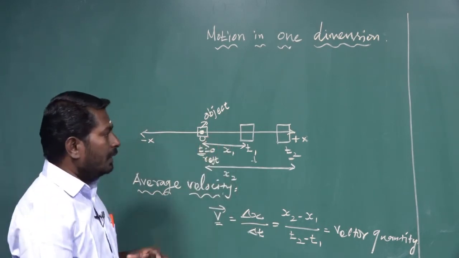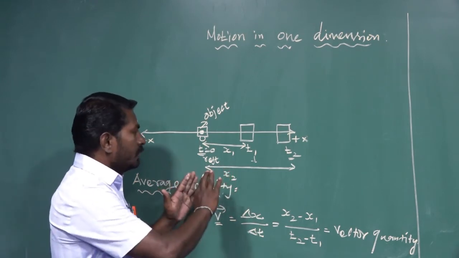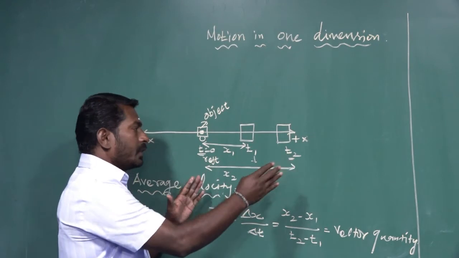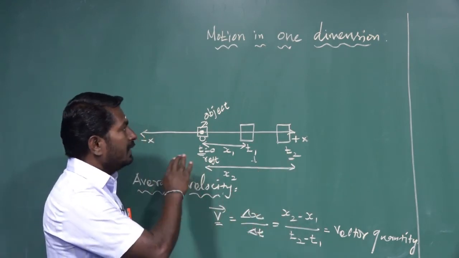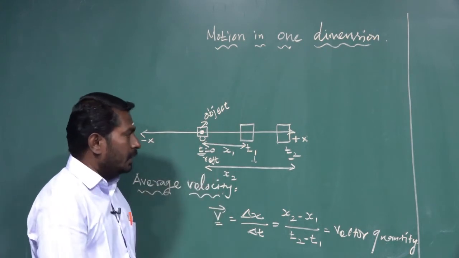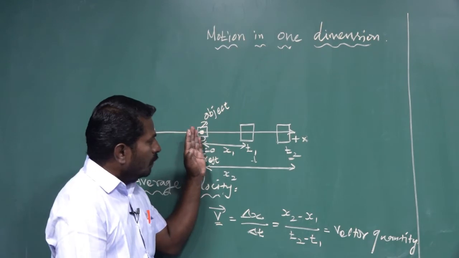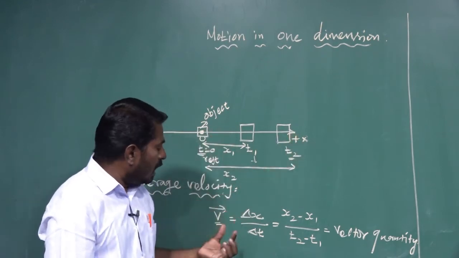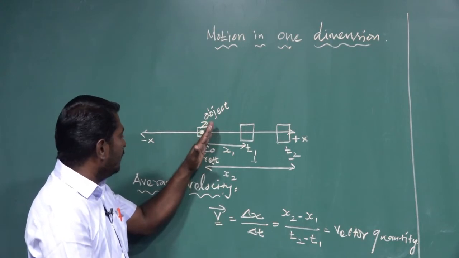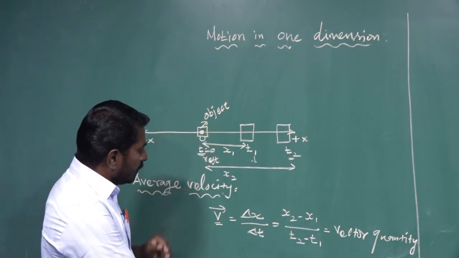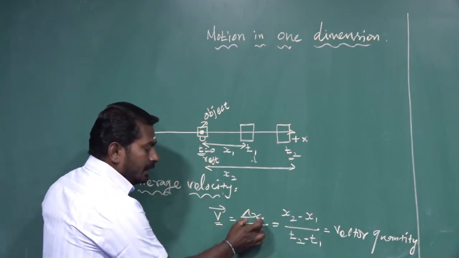So motion of your body can be described in one dimension. We choose either the positive direction or the negative direction; only two directions are available. If your body is traveling towards the positive x-axis, the average velocity is taken as positive. If your body is traveling in the opposite direction, the average velocity is taken as negative, depending upon the change in displacement.